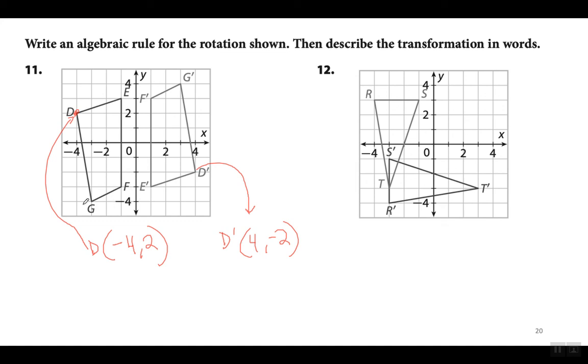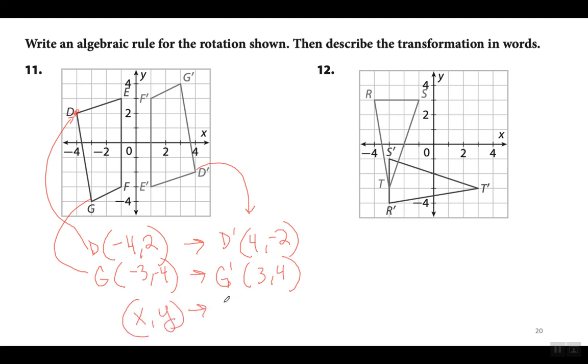That's probably enough to write the answer, but let's do one more. G is located at -3, -4, and G prime is located at +3, +4. All right, that's enough for us to write the rule. The x and the y are staying in the same place.